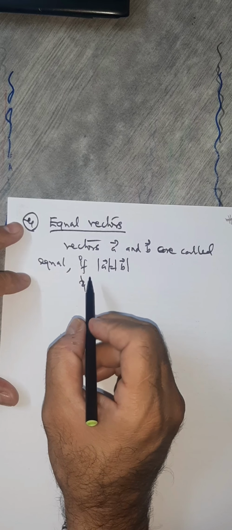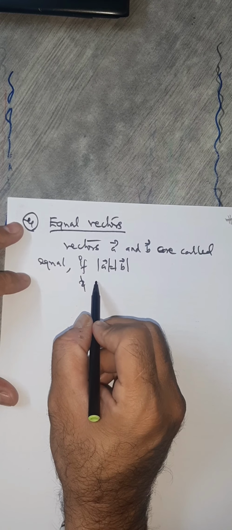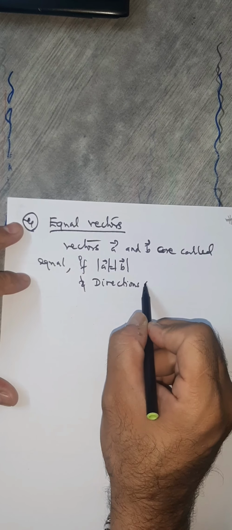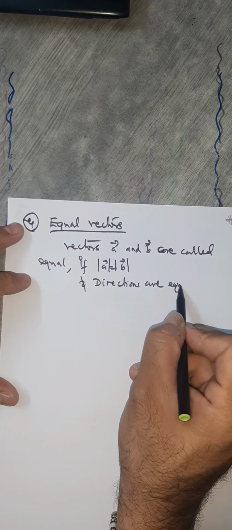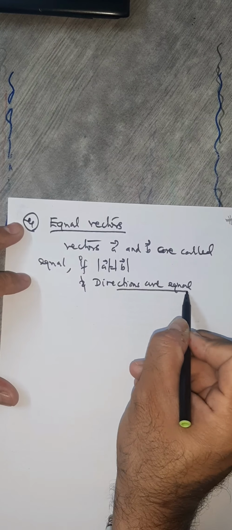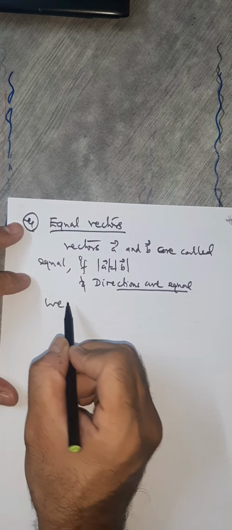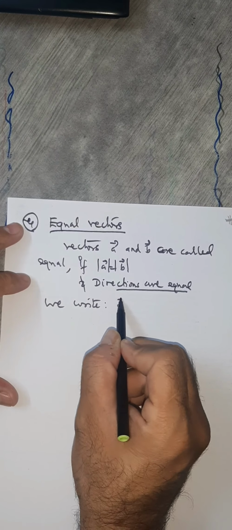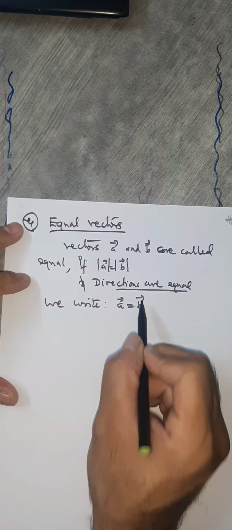Remember, their magnitude and direction should be equal. Then such vectors are said to be equal vectors, and we write in this case like this: vector A equals to vector B.